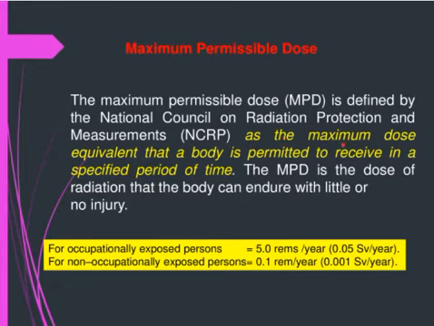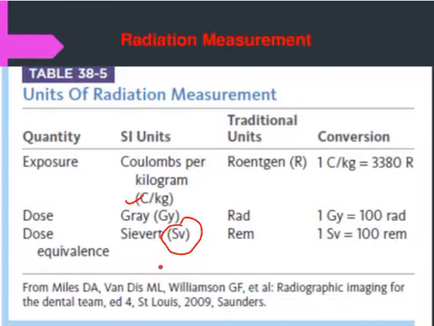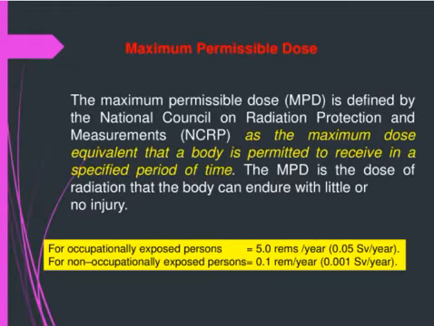So maximum dose equivalent is the third one here. It is measured in sieverts or rem. Okay, so let's see how much dose you can have. For occupationally exposed persons, for example, a person working in the radiology unit, which can be assistants, operators, the radiologist, anyone, over a period of 1 year they can have 5 rems per year, which is equivalent to 0.05 sieverts per year.